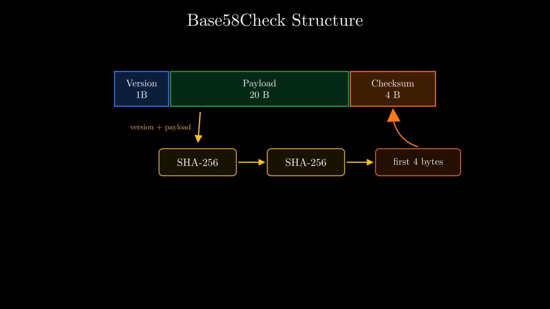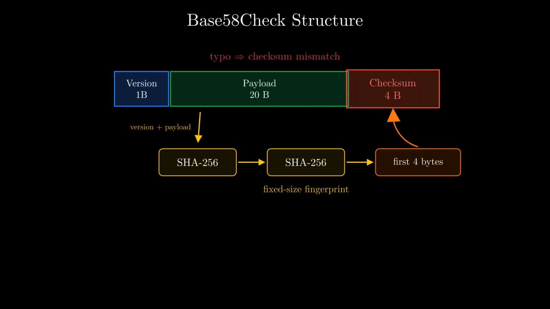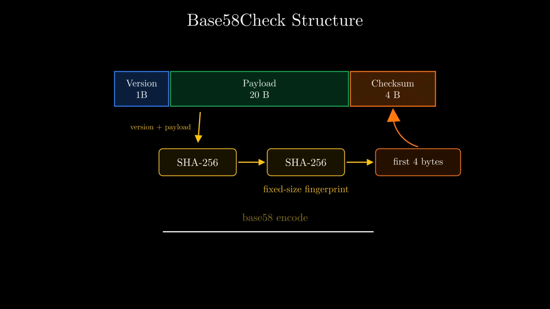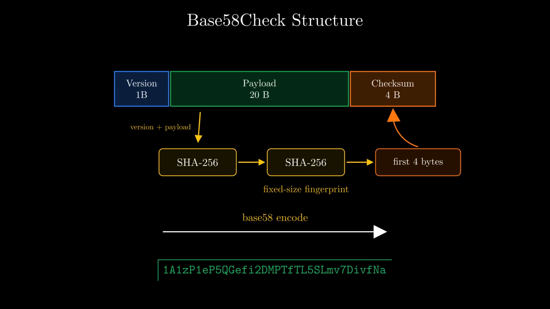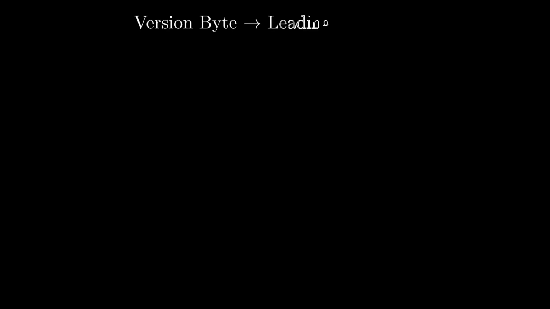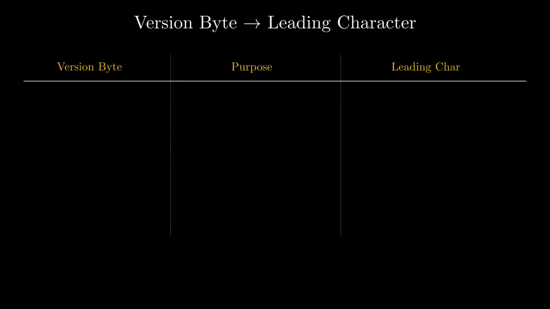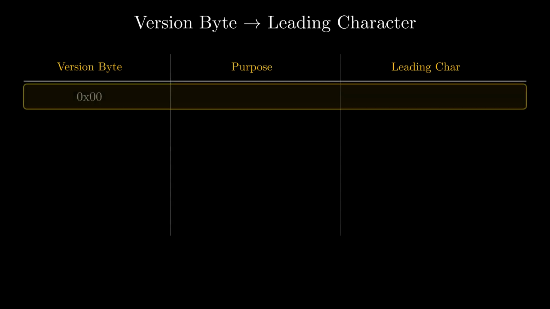SHA-256 is a cryptographic hash function that produces a fixed-size fingerprint. If someone mistypes a character, the checksum won't match and the wallet rejects the address before sending funds. That's your typo protection. The version byte determines the leading character. This isn't arbitrary, it's mathematical.